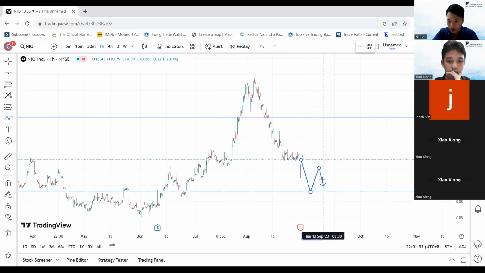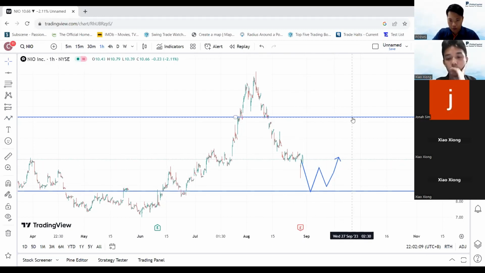Let's say if this were to go back down, it's very dangerous. But if it taps now and then starts to reject and goes higher, this is what we call the higher low. Then there's a chance that this will turn back up and go back bullish. But if it were to go back on the bullish trend, just take note, the immediate level we are looking at is around $13.